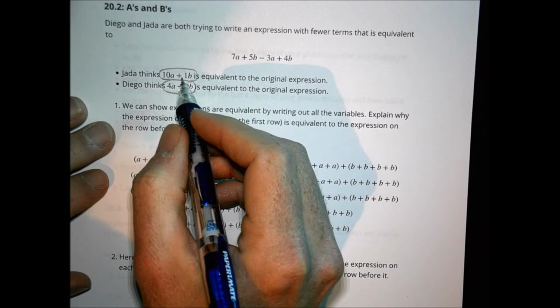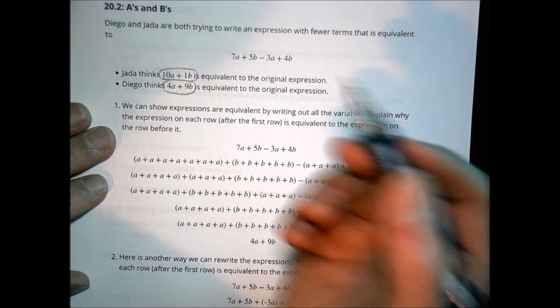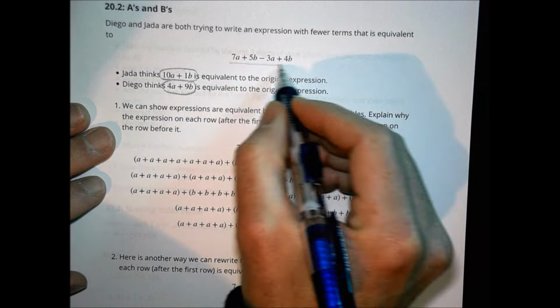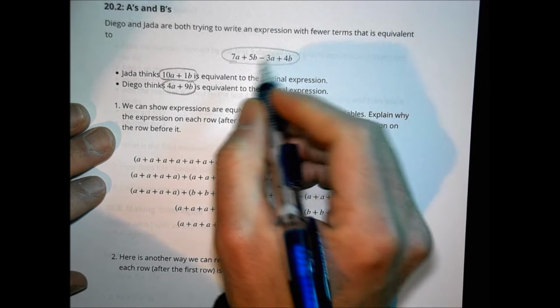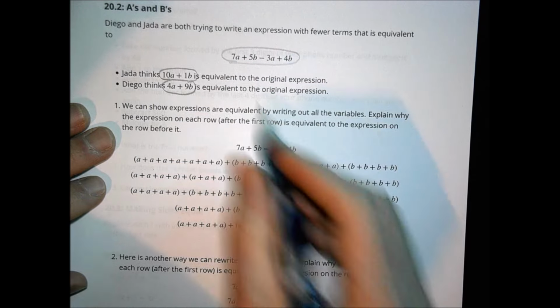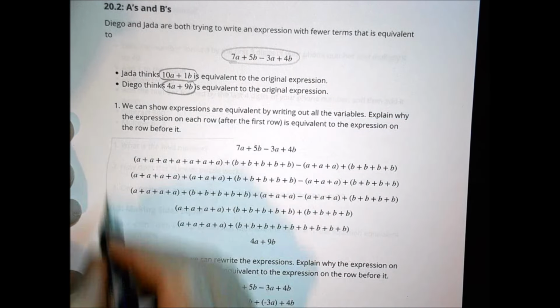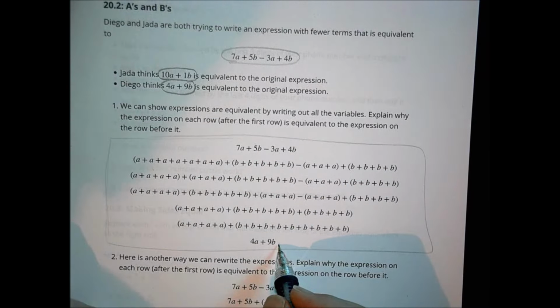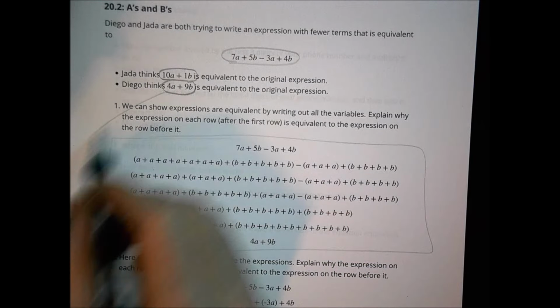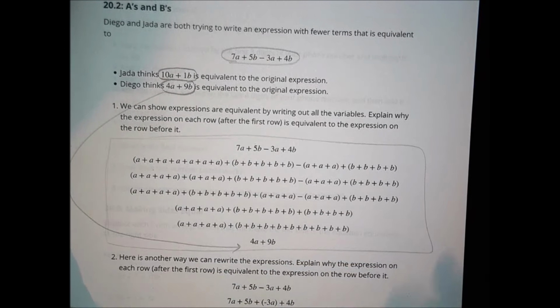So only one of them is probably right, or I guess both could be wrong, but we're taking this expression right here, and what we want to do is show how we can take this expression, and down here we're going to break it apart row by row, bit by bit, and rearrange it until we get to a point where it shows us that it's going to match Diego's answer down here, which is 4a plus 9b. So how do we get that equation there?